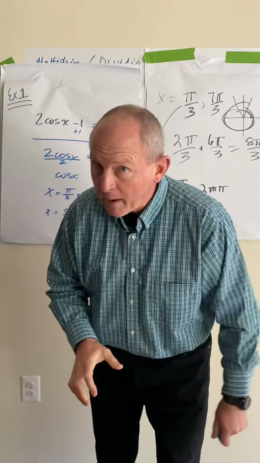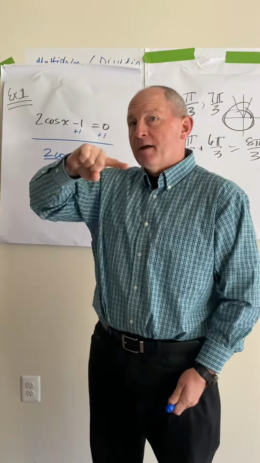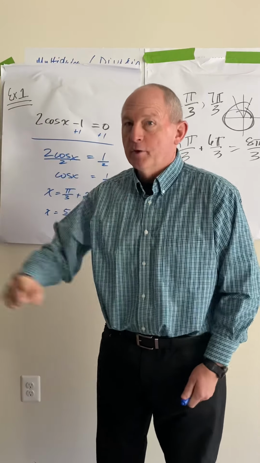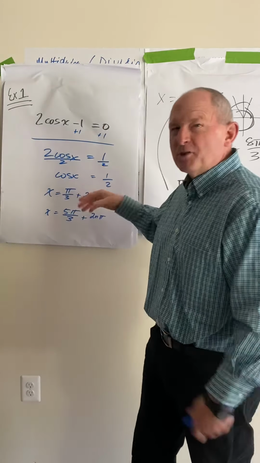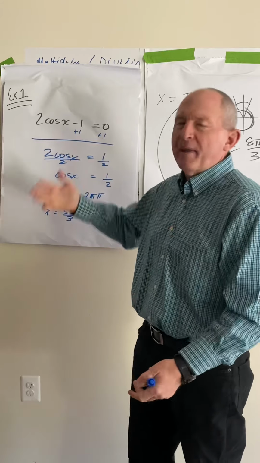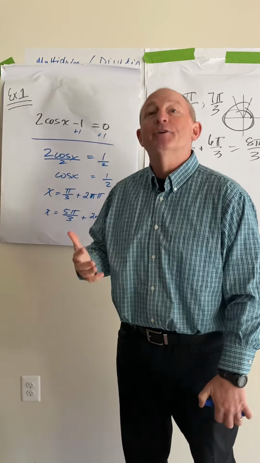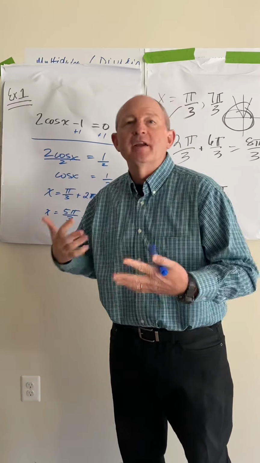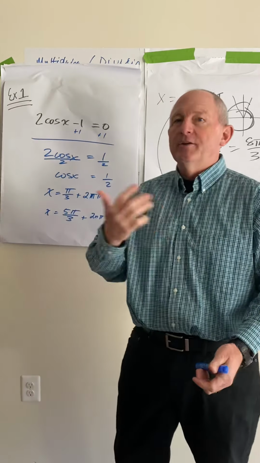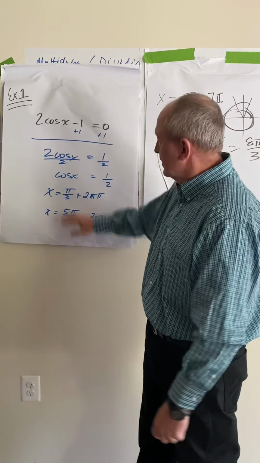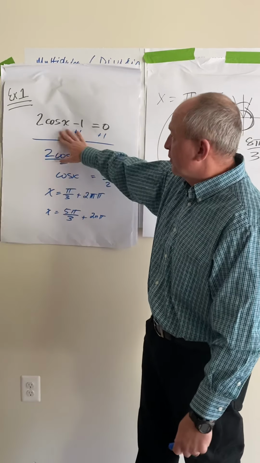The 2n pi takes care of revolutions around the unit circle. The n just means a multiple, and we always assume n is an integer. So it's like 1, 2, 3, 4, 5, or -1, -2, -3, -4, etc. So here are your solutions for this equation.